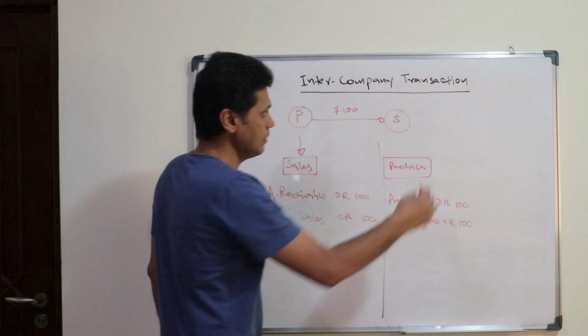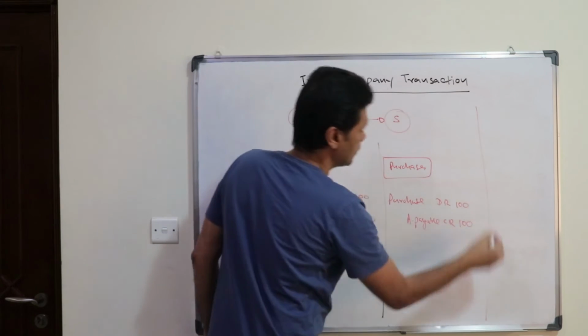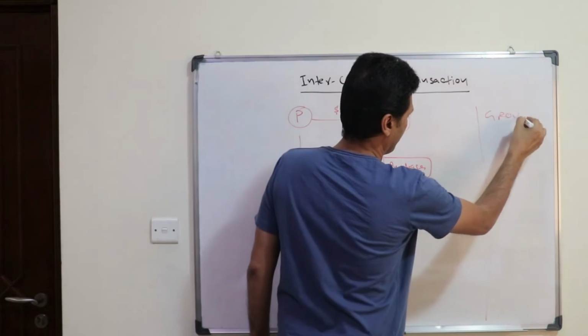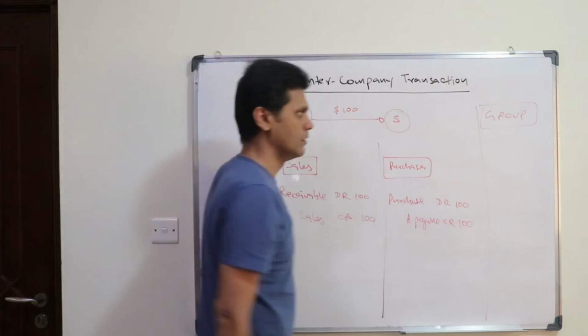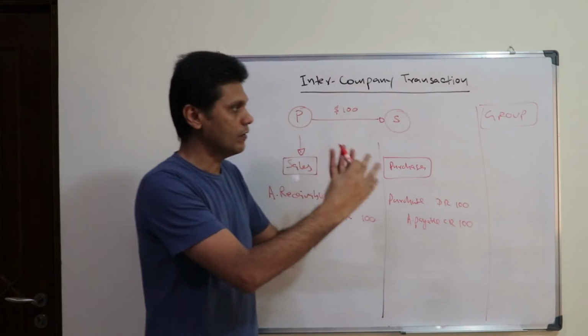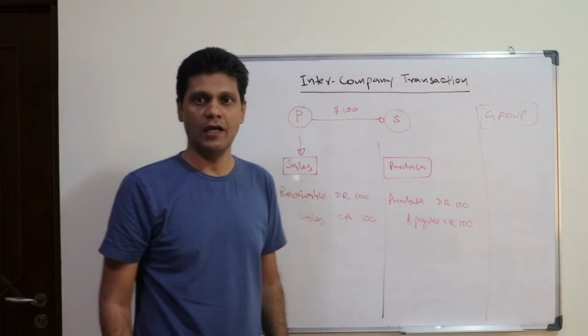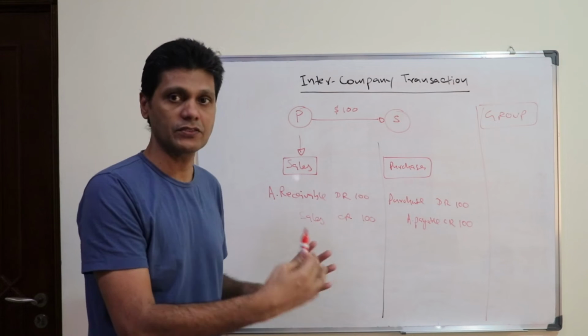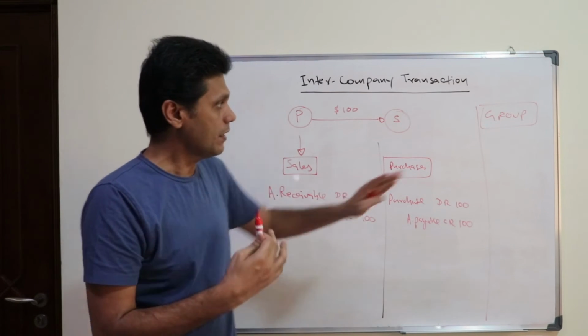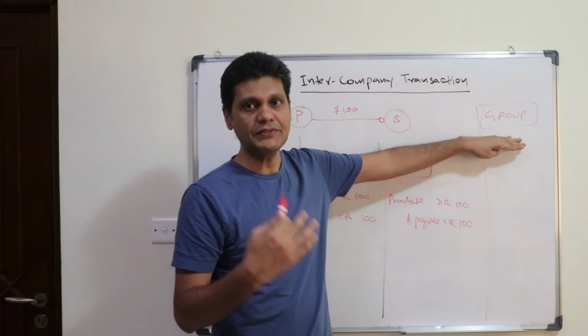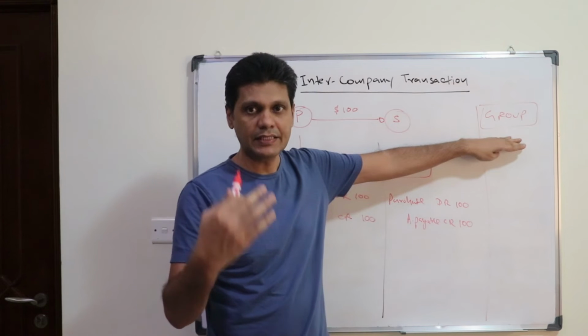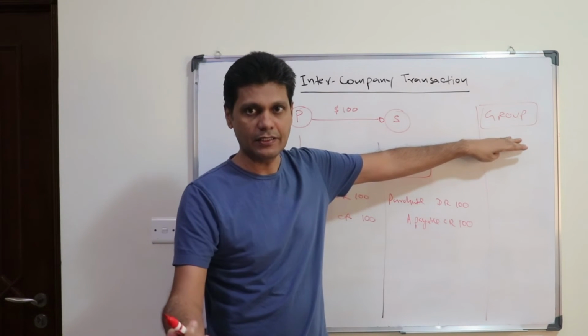When it comes to the group, what is the impact on the group financial statements and how do you account for this transaction? The group is treated as a single economic entity.